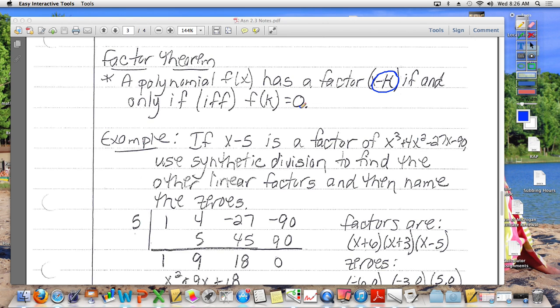So in other words, that means if you get a remainder of 0, it means that it is in fact a factor of that polynomial. Yes? What did you say about x, this right here? Yeah. It says x minus k. Okay. No. X minus k.